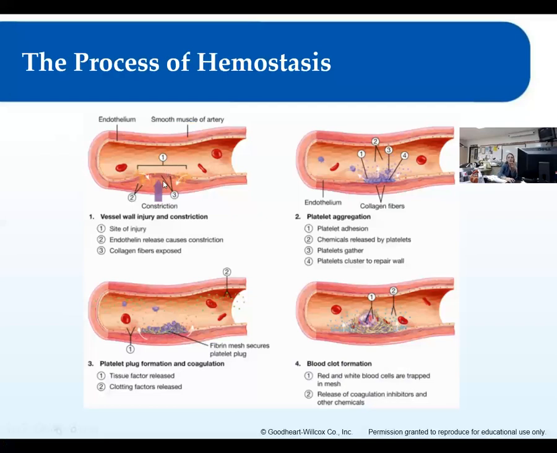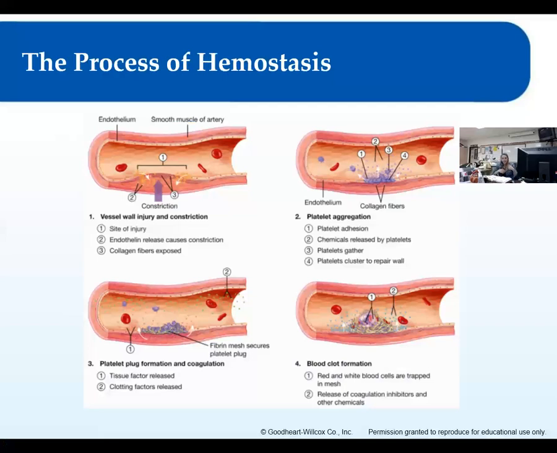Collagen fibers are a lot rougher than the endothelium and will cause platelets to adhere to them. So once those fibers are exposed because of the injury, it's going to attract platelets. But the blood vessel constricts so it can go on.